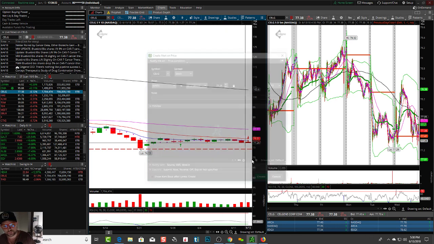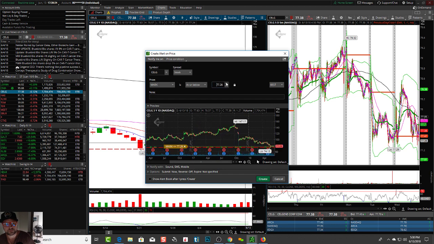So 77.38. Price failing moving average lines on daily and 1 hour.